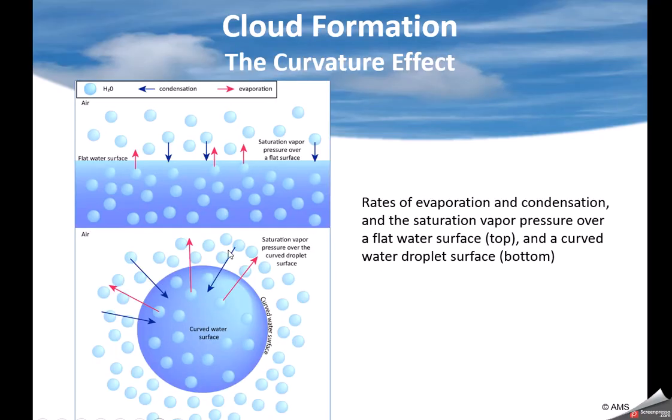And you can see here, when you look at this, how tiny these droplets are. Because of that strong curvature, it allows a lot of that water vapor that starts to condense to evaporate back out. And literally, the evaporation wins.